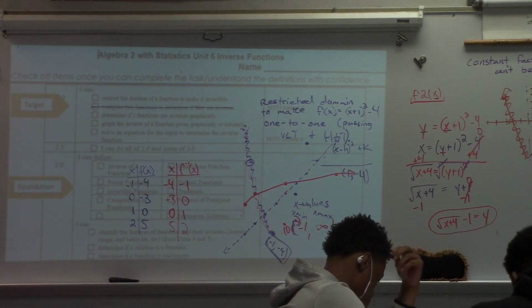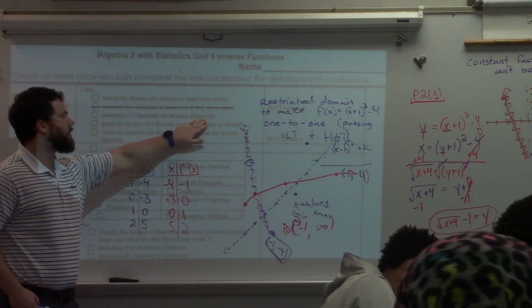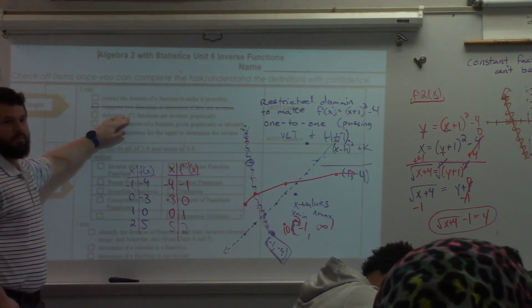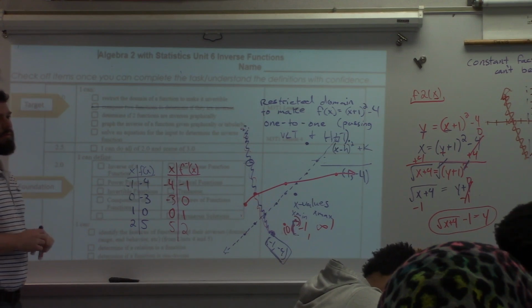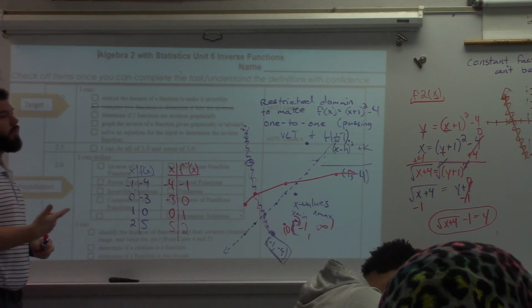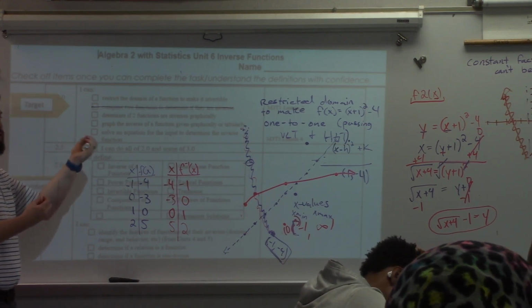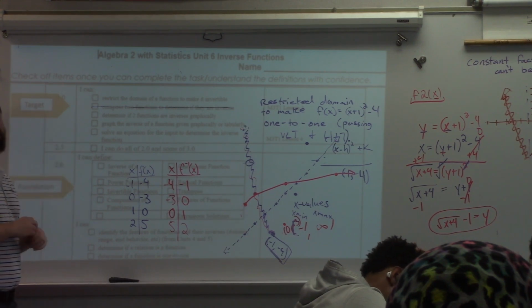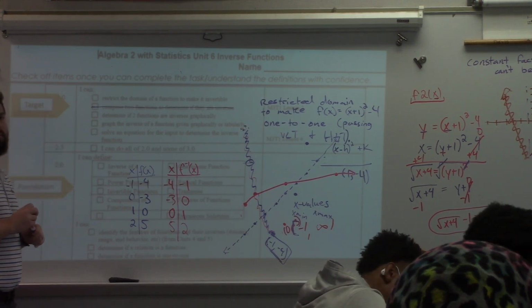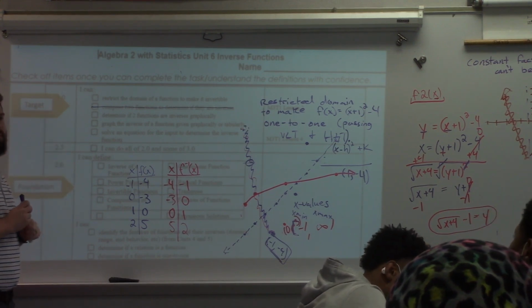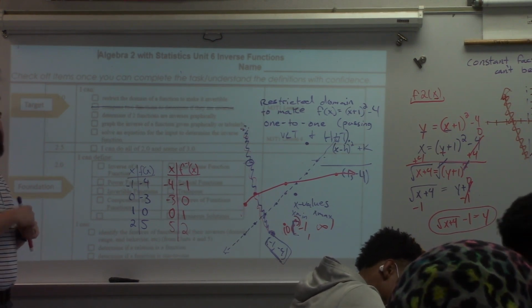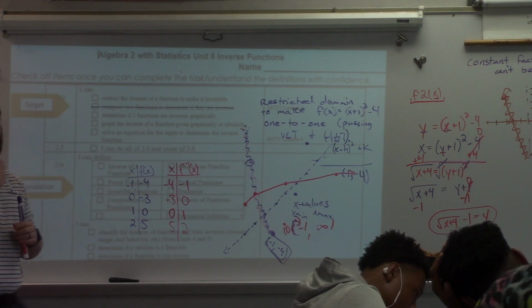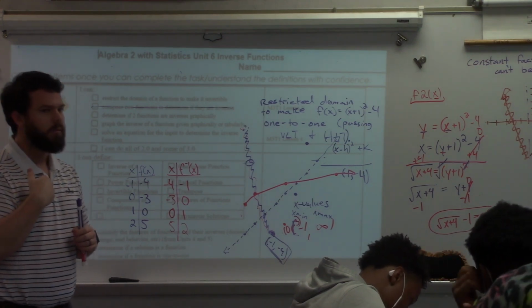Alright, have we looked at determining if two functions are inverses graphically? How do we know if they're inverses graphically? Well, that's if it's invertible, but if I give you two functions, how do you know if they're inverses based on the graph? A reflection across what? So if they are reflections across y equals x, they're inverse functions.